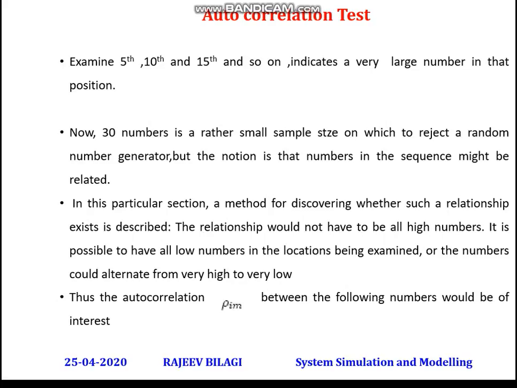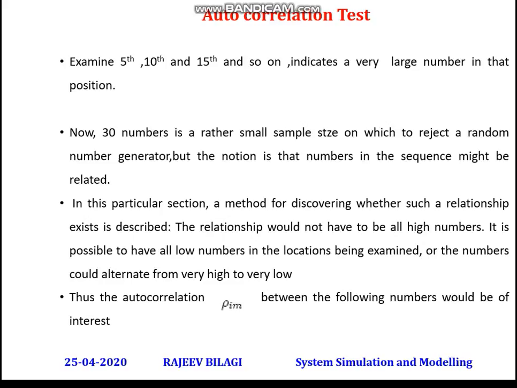Now, this is only 30 numbers, which is a rather small sample size on which to reject these random numbers. We cannot reject based only on this. But the notion is that certain numbers in the sequence might be related from one place to another place.